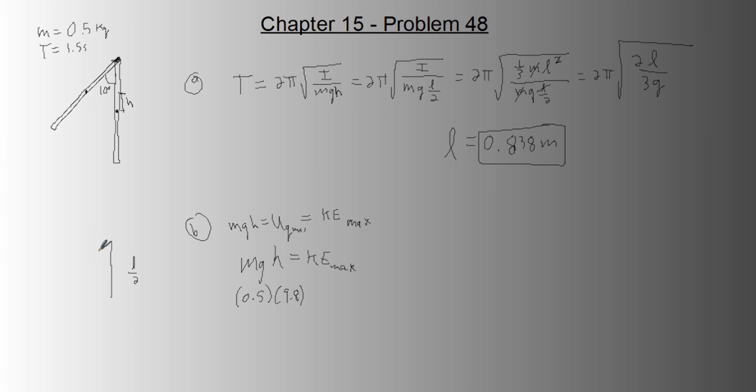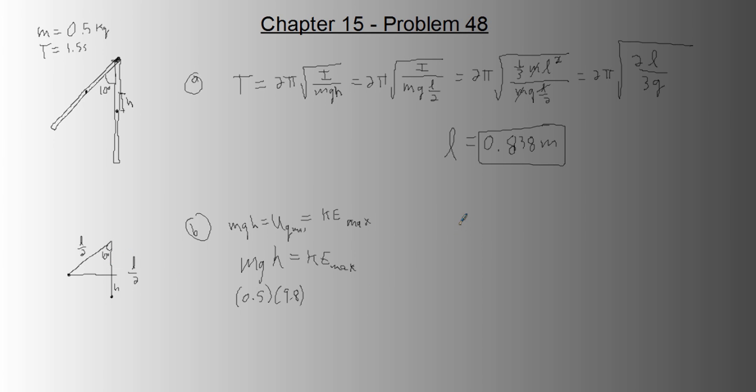This is also L over 2. Draw a line here. Center of mass is here and here in both cases. I basically didn't draw the bottom half of the rod. This is 10 degrees. This piece right here is h. This is L over 2 minus h.